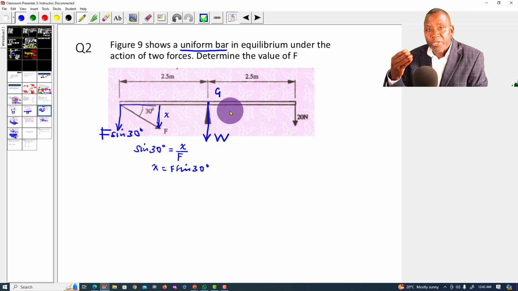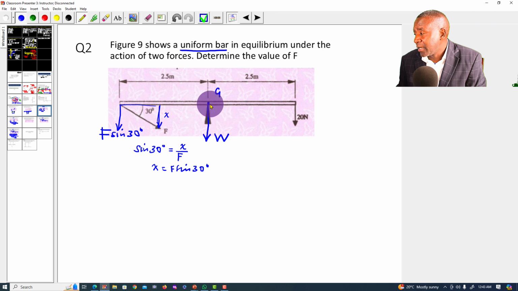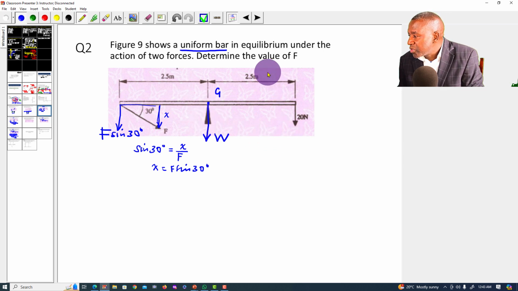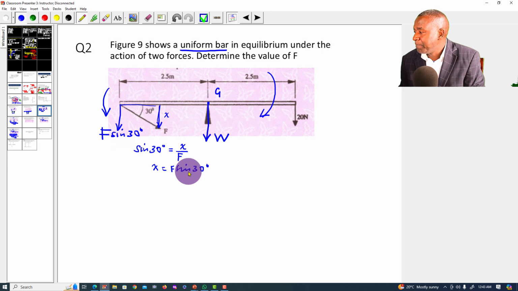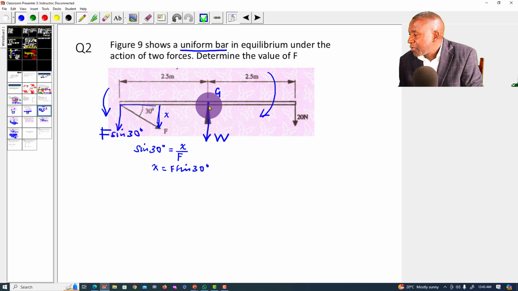Even if it is appreciable, then I've gotten rid of it because I've taken moment about the point through which the weight of the object passes. So when I do that, we're going to see that the 20 Newton force tends to turn the plank of wood clockwise, and F sine 30 tends to turn the system anti-clockwise. All right.